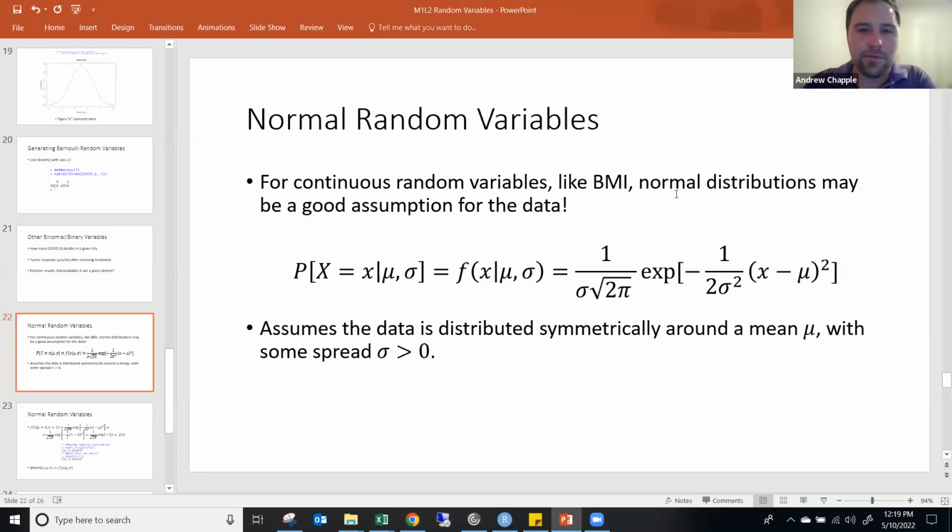That's what that's referring to. So this is just the probability distribution. If you want to get a probability of any value, for a given mu, say the mean is 0 and sigma is 1, which is the standard normal distribution, you just plug in all those values here and you get a number.